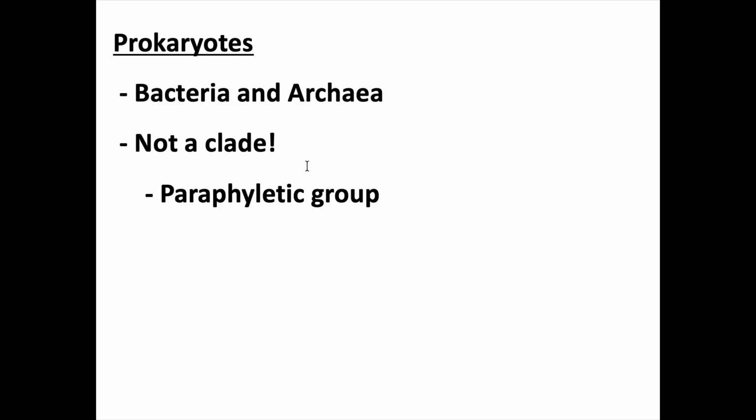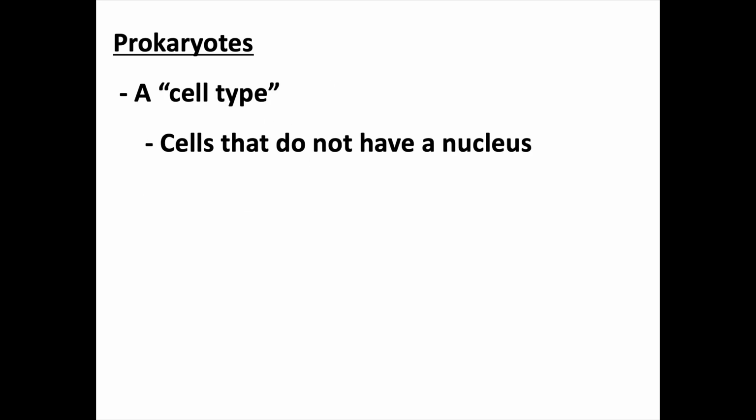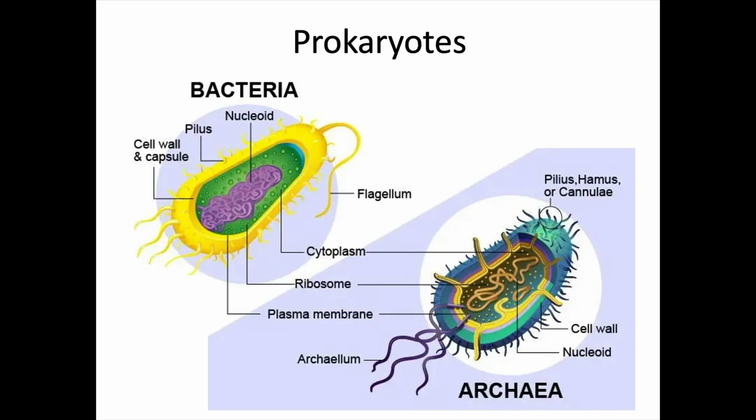So why does it exist? Why is the chapter called prokaryotes? Well, prokaryote is a cell type. Cells that are prokaryotes, bacterial cells and archaeal cells, are cells that do not have a nucleus. So even with modern phylogenetic understanding of these organisms, we can see they're not in a clade together.